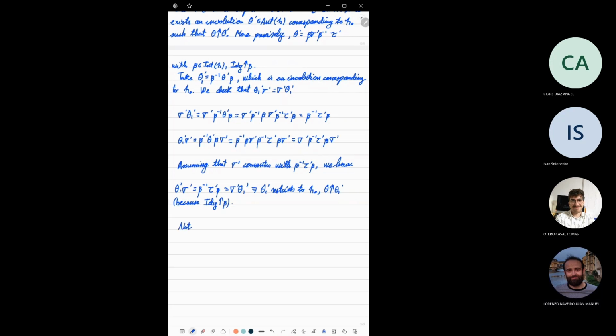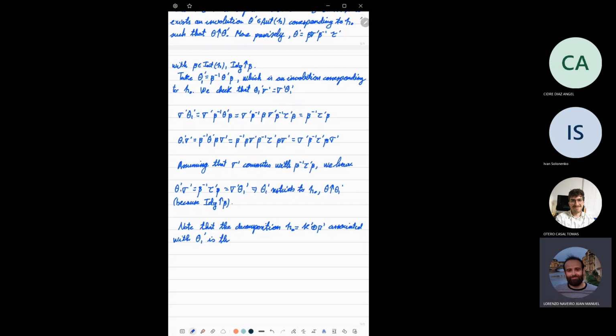So note that the decomposition H0 equals K prime plus P prime associated with theta 1 prime is the desired Cartan decomposition.